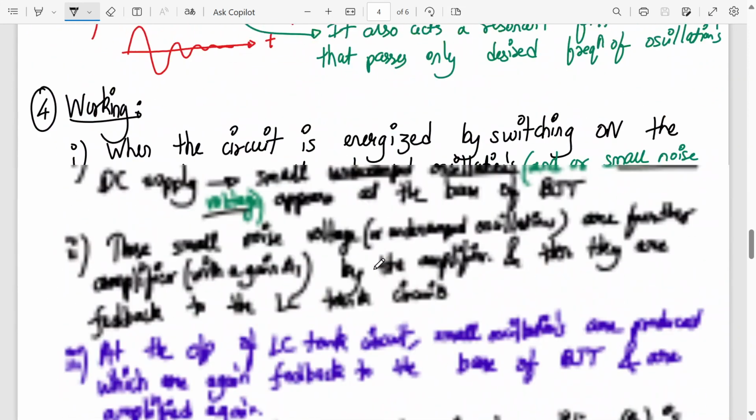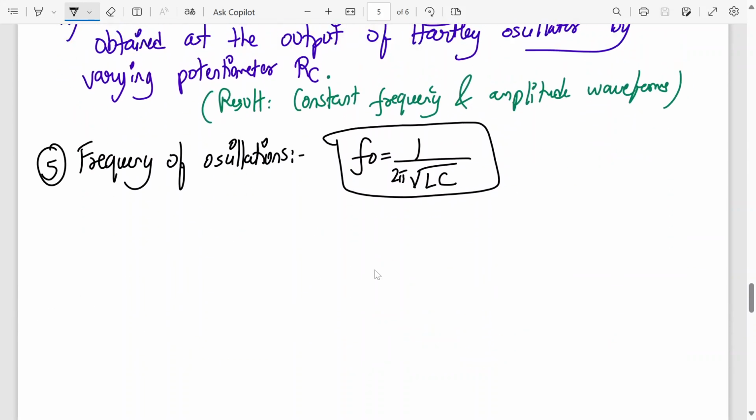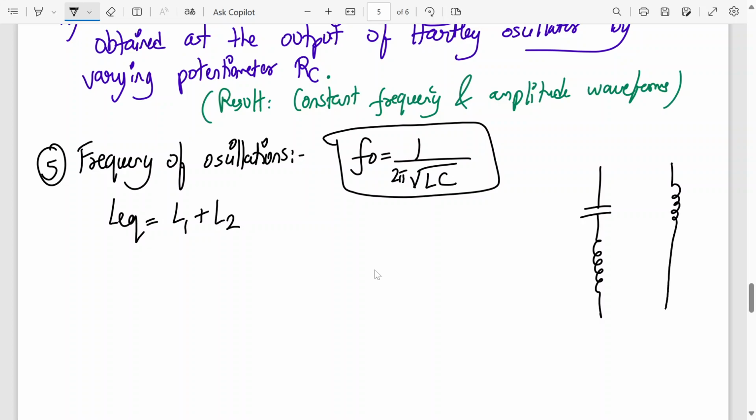So what will the formula look like? Here we have L equivalent given by L1 plus L2, because we have a tank circuit looking like this, right? We have a capacitor, then an inductor, and here another inductor. This is probably going to V out, this is going as an input to the base terminal of the BJT.